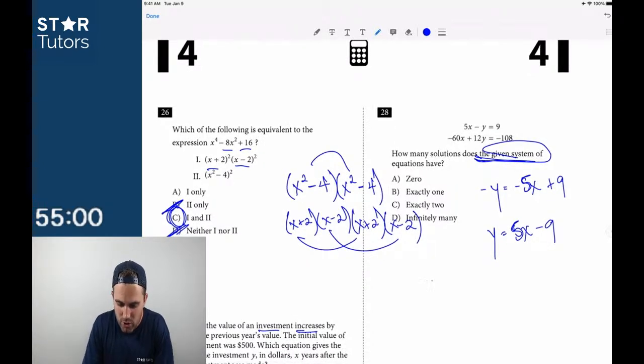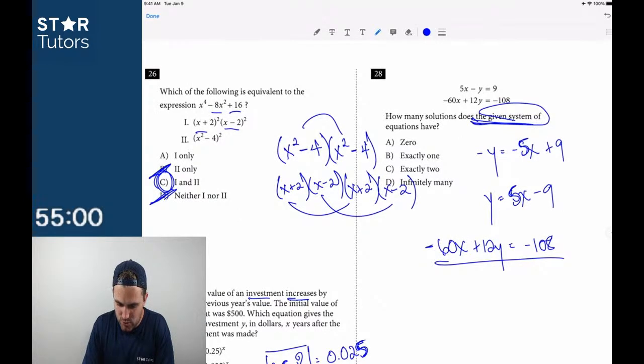No, wait. Oh, no, I can do this one. Negative 60x plus 12y equals negative 108. If I divide everything by 12, I get negative 5x plus y equals 9. Negative 9 equals negative 9. I divide by negative 1. It's going to have infinitely many, D.